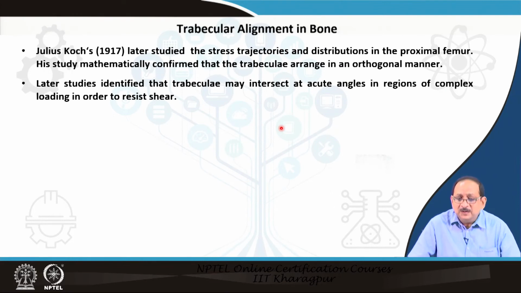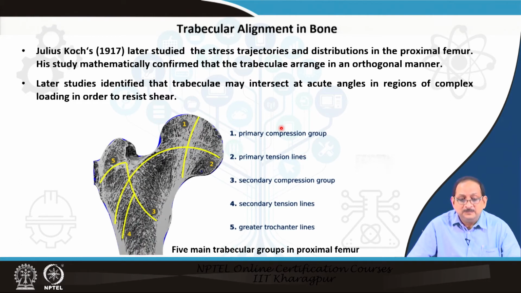Julius Koch later studied the stress trajectories and distributions in the proximal femur. His study mathematically confirmed that the trabecular arrangement is more or less in an orthogonal manner.